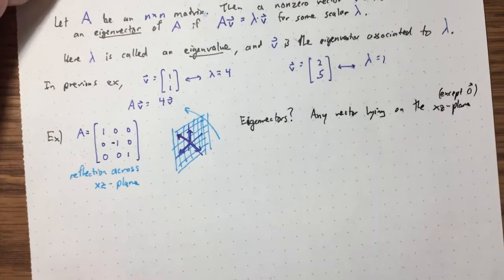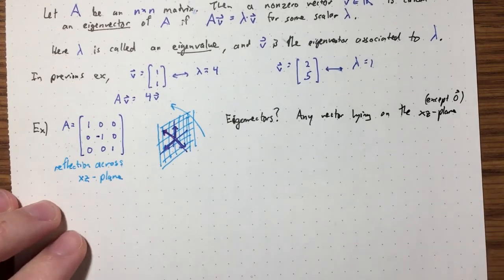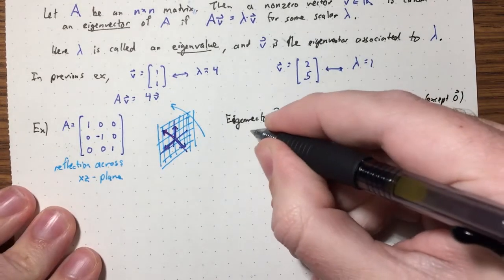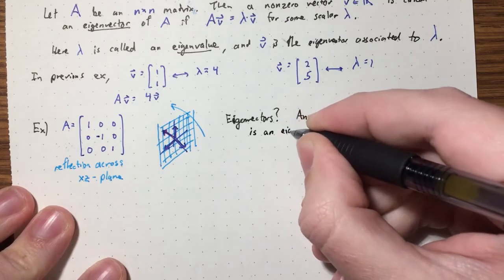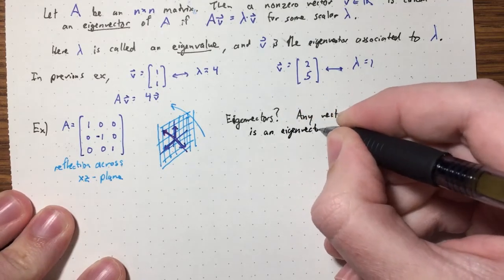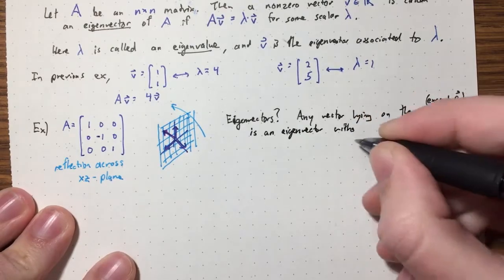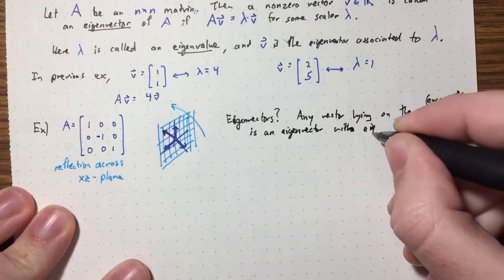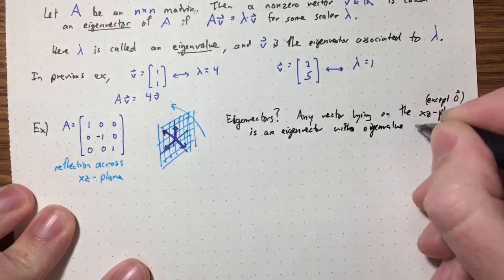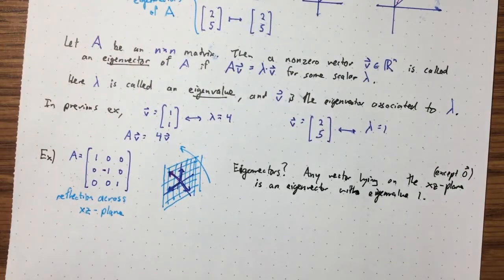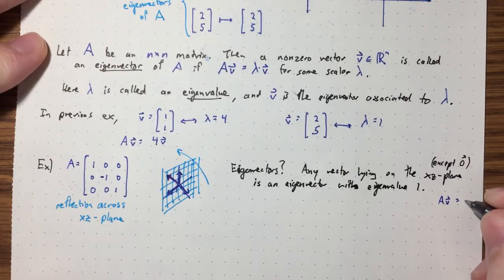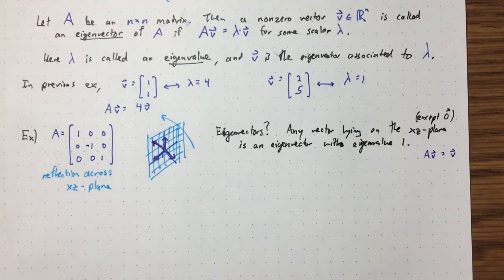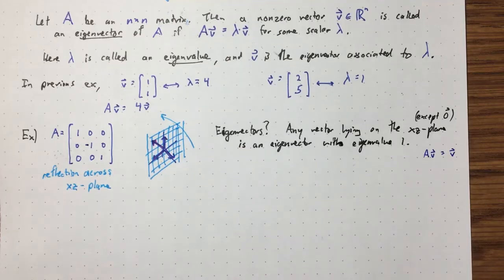This is because we don't consider the 0 vector an eigenvector. But any other vector lying on the xz plane just gets mapped to itself. So we would say it's an eigenvector with eigenvalue 1, right? Because A times V is just V. If we're lying on the xz plane, if we have no y coordinate, then this matrix A just acts like the identity.